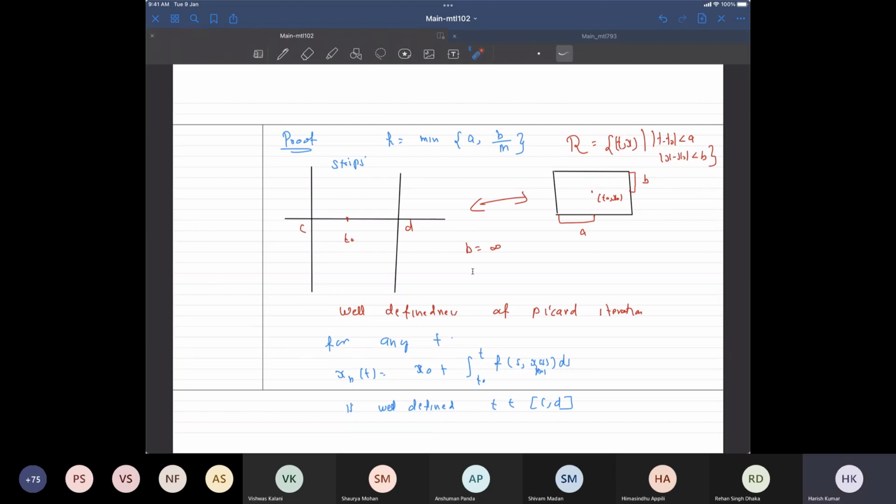Any question that by this assumption I extended the local existence and uniqueness to the global existence and uniqueness? Yes? Okay. Now, a more important question.